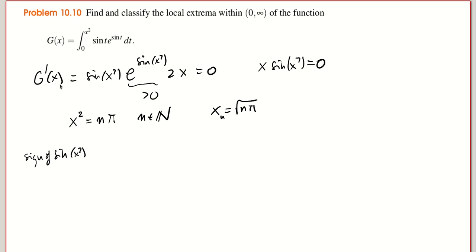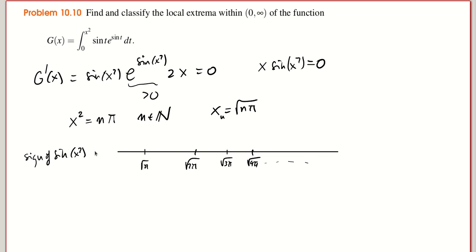Remember, the sign begins being positive, then negative, then positive, then negative, etc. So if you plot here these points, this is going to be square root pi, the first, the second will be square root 2 pi, then square root 3 pi, square root 4 pi, etc., right?